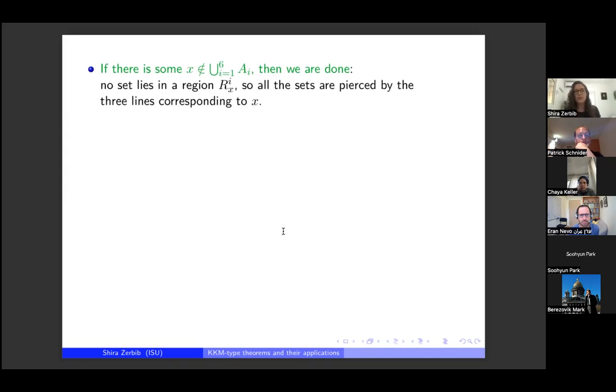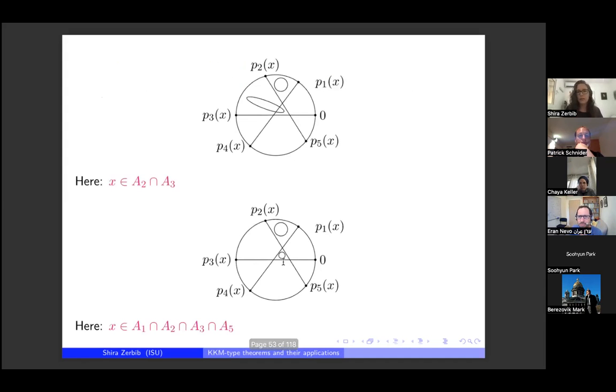So let us assume first that I can find some X in delta that does not lie in any of the sets Ai. Here is X, and it is not in any of the sets Ai.